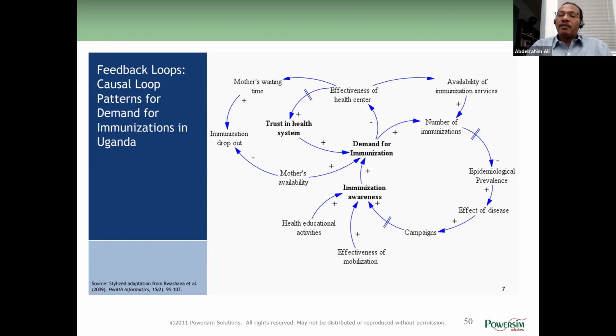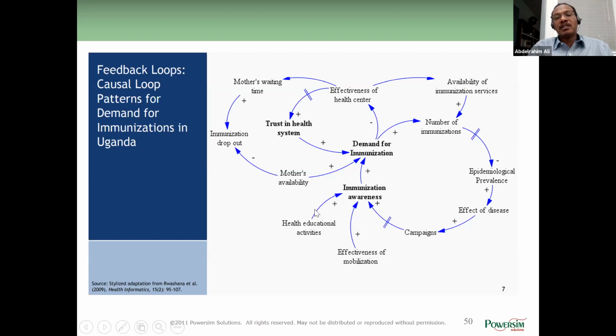If the epidemiological prevalence increases, this will increase the effects of the disease on people, and then this will increase the campaigning for immunization, and this will increase the immunization awareness, and the immunization awareness will increase the demand for immunization.